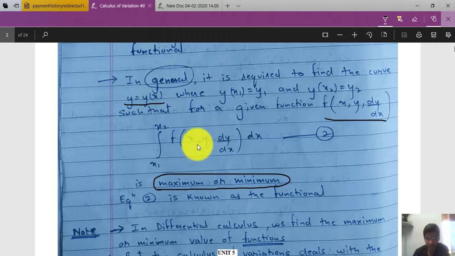Now this equation 2 is known as a functional. Any equation of this type is known as a functional.